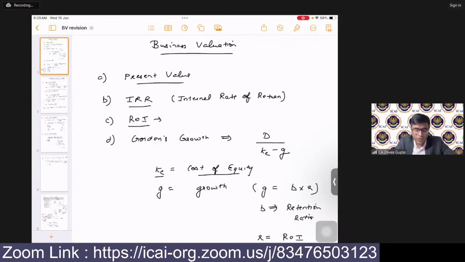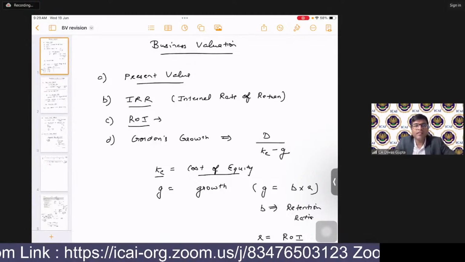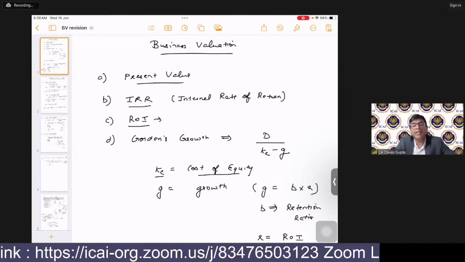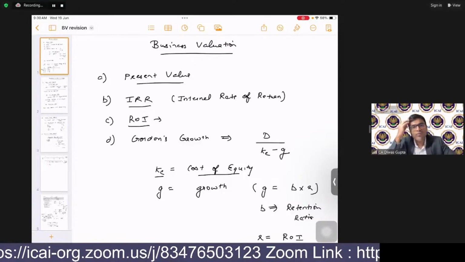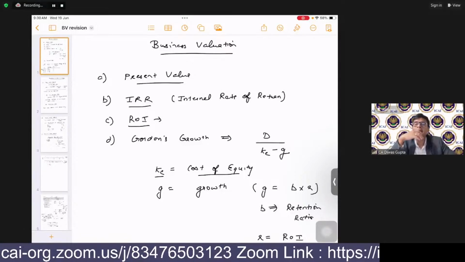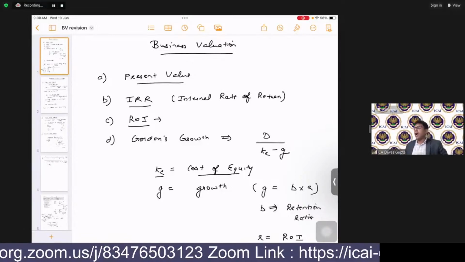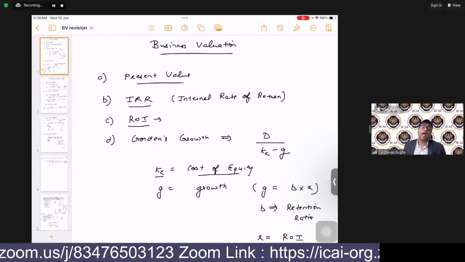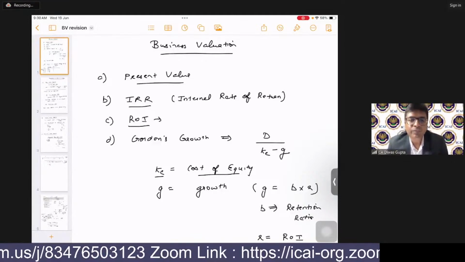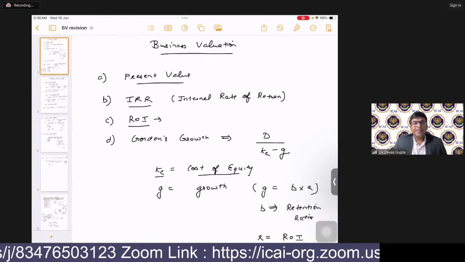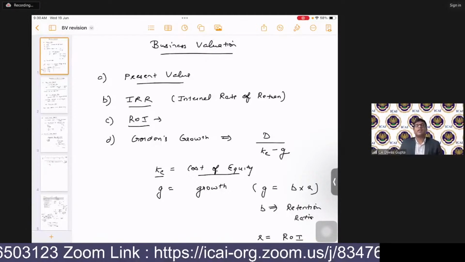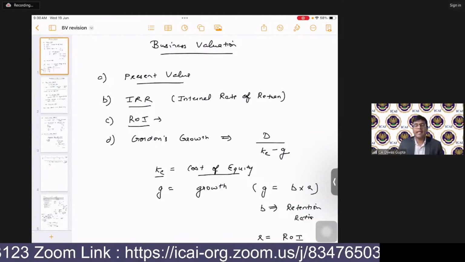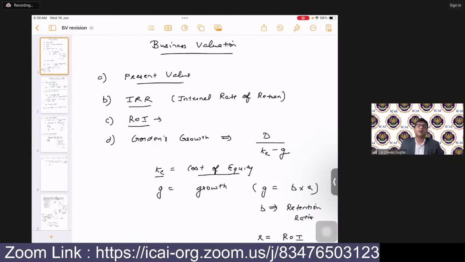Now, business valuation, students. In this, we will start our discussion with some key concepts that all of us are aware of, but we thought of putting them at the starting point. First of all, are we clear on present value and future value concepts? The answer seems most likely yes, because we have used present value and future value in a lot of places.